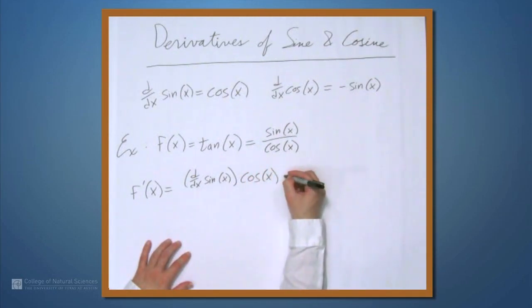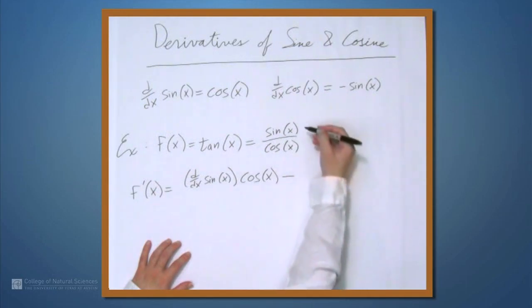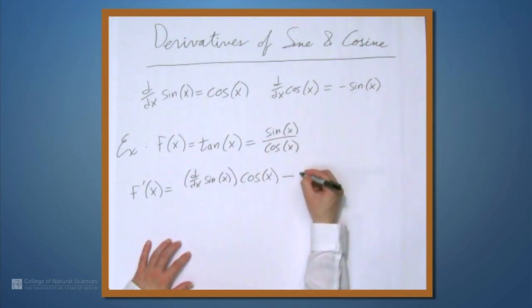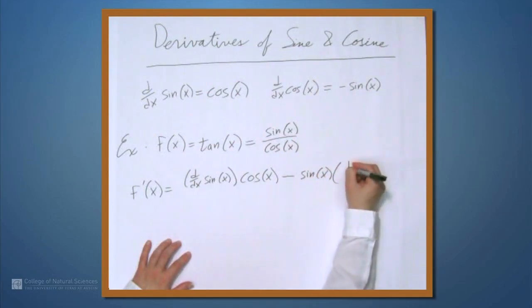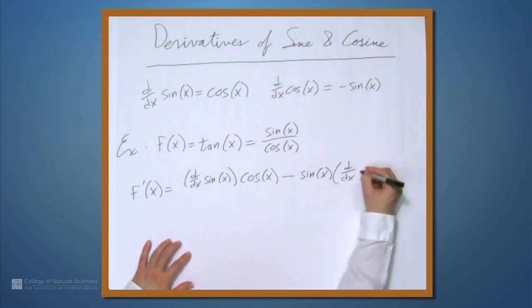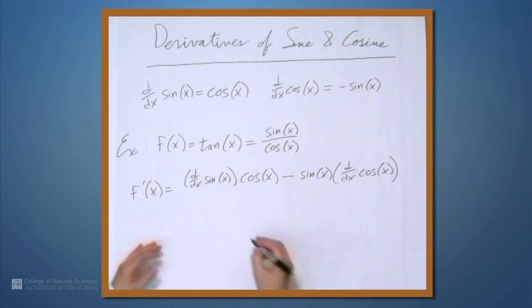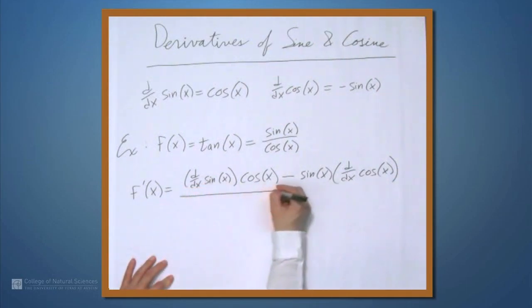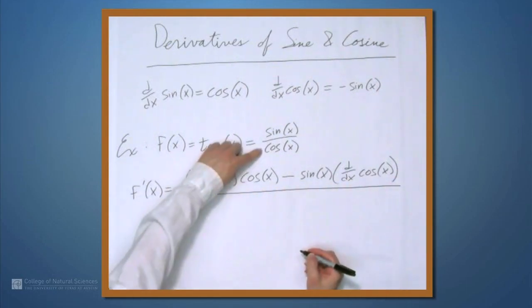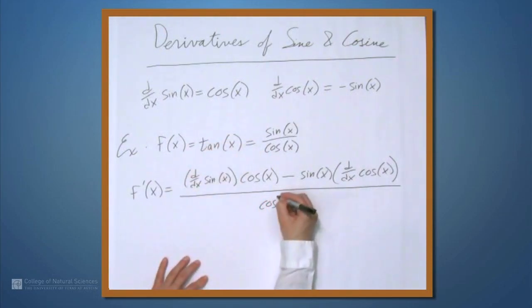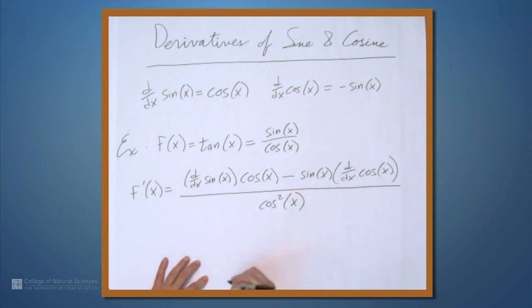Next part of the quotient rule, subtract the numerator times the derivative of the denominator. So we have minus sine x times the derivative of cosine x. And this entire thing divided by the denominator squared. So cosine squared x.